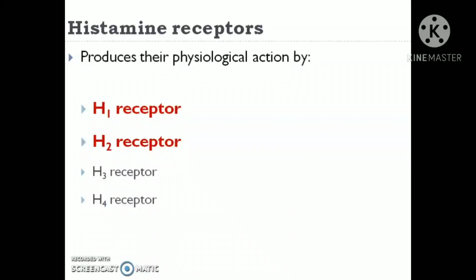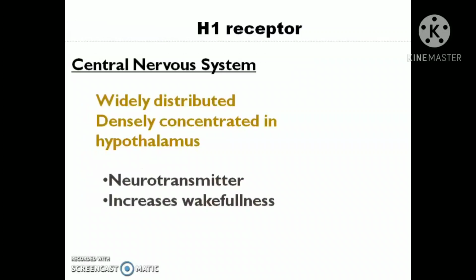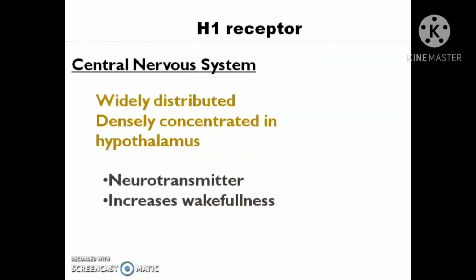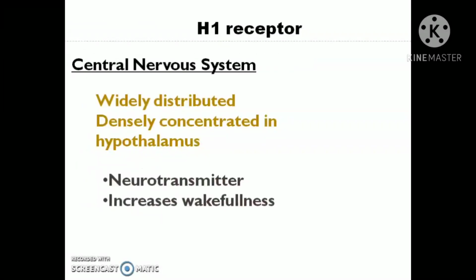And the other 2 receptors are H3 receptors and H4 receptors. We'll just see the distribution of these receptors and what are the different physiological changes they bring about when histamine interacts with these receptors. First, we'll start with H1 receptors.